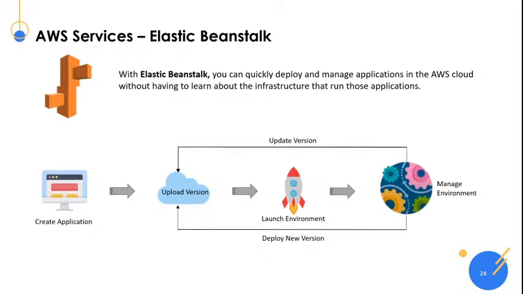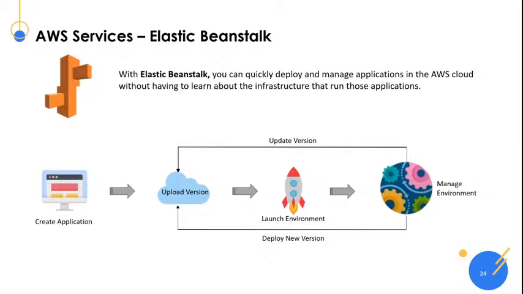Okay, so infrastructure as a service is EC2. I'll repeat. Infrastructure as a service is EC2. Okay, where you get the whole server, you get access to the operating system, etc. Right. Whereas this Elastic Beanstalk is a platform as a service.